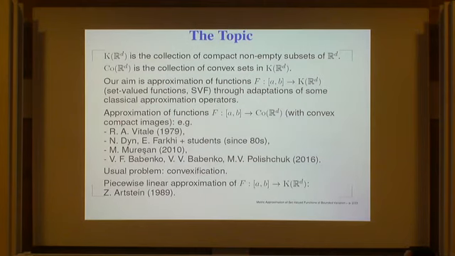Pioneering work on approximation of functions whose images are not necessarily convex. Here, Bernstein, and what he did, he constructed exactly for the problem that I discussed. So values of functions are given on a certain mesh, and he constructed an interpolant, namely a piecewise linear interpolant.